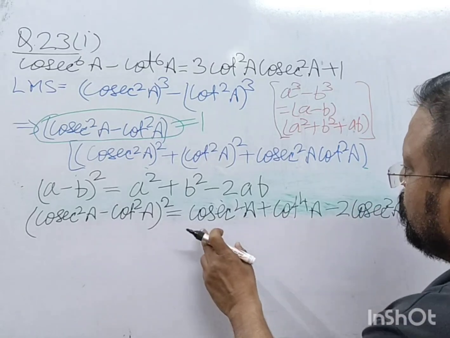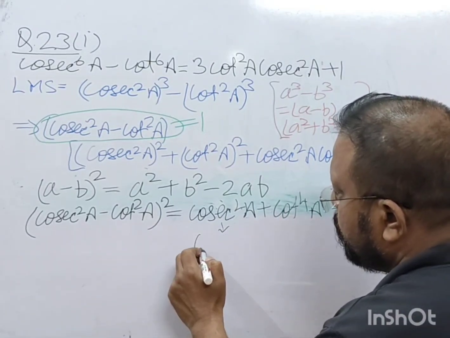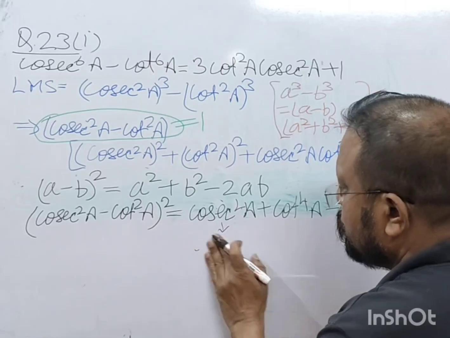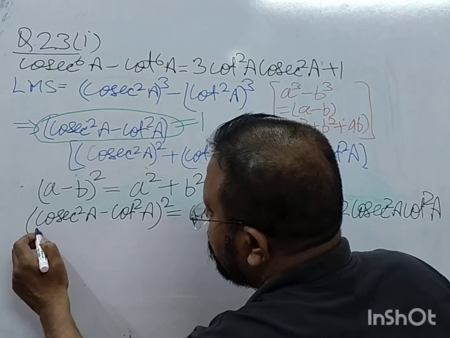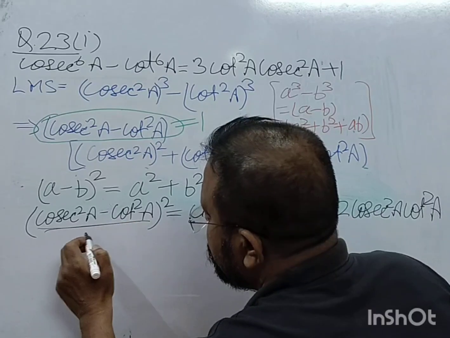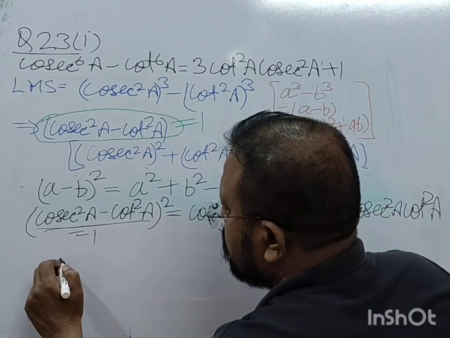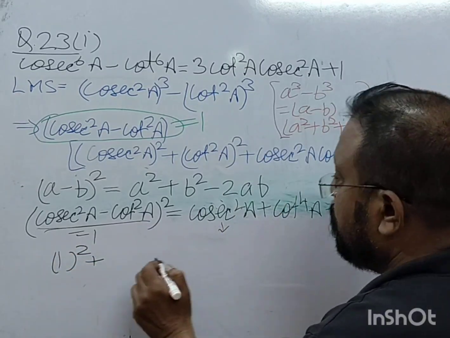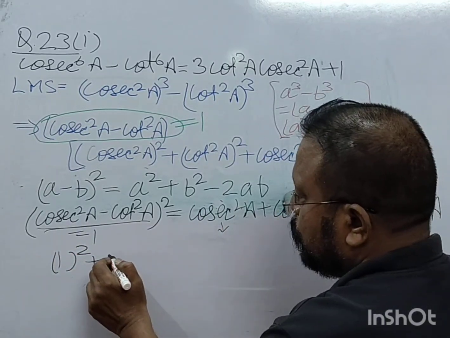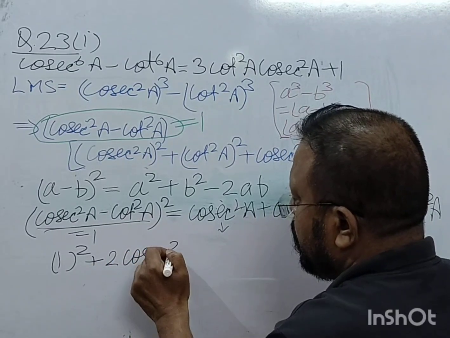So you can write it in a format, so you bring this on the other side. This is equal to 1, so this is 1 square plus 2 cosec square a cot square a.